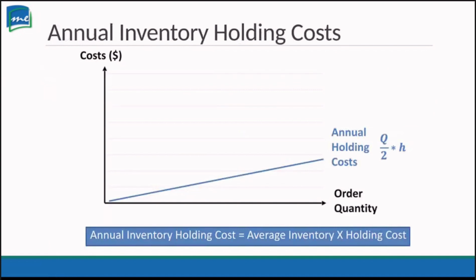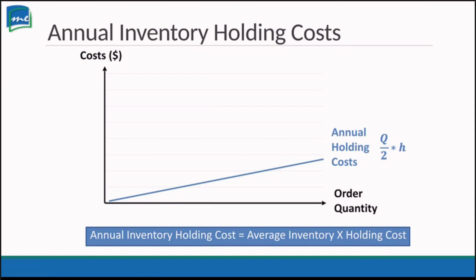For the basic EOQ model, we consider two costs, the holding cost and the ordering cost. These are the only two costs we focus on. We only have those two costs for the inventories we have and when we place an order.